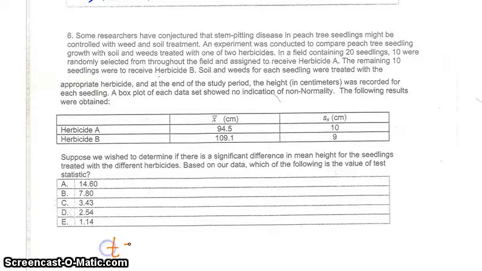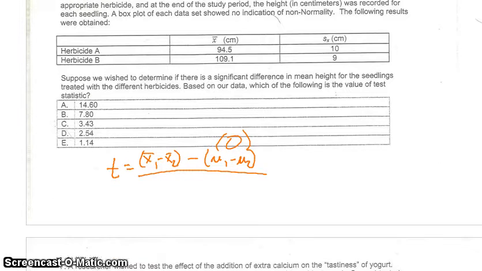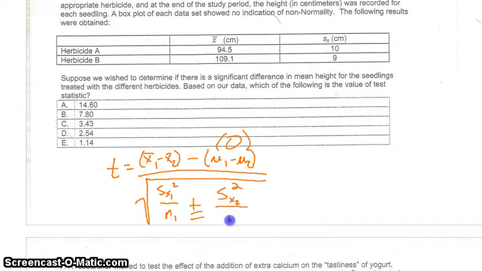So we want to calculate t, and remember that would be x bar sub 1 minus x bar sub 2 minus mu sub 1 minus mu sub 2, which hopefully we remember is going to be 0, over the standard error, where we take s sub 1 squared over n1 plus, that's the key, plus s sub 2 squared over n2. If we calculate correctly, hopefully we get 3.43 rounded, so that is C.